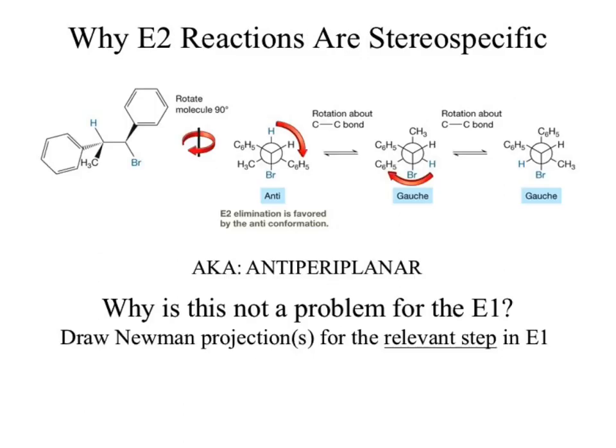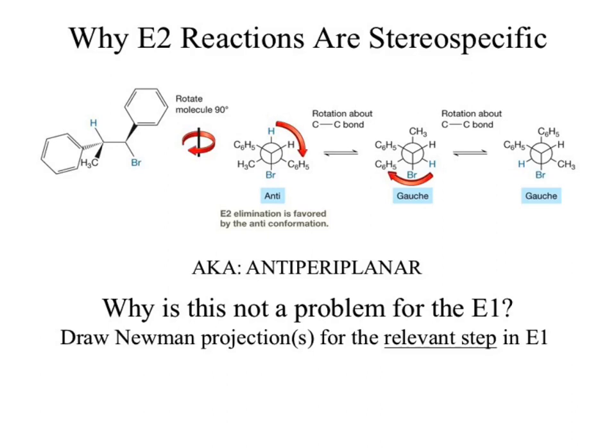Okay? So the E2 does have this really big issue with our stereochemistry. We can push this all the way out into Newman projections to see those alignments. We have to have that perfect alignment for them to eliminate. Okay? If we took a look at that starting material, it was drawn in the anti. If I go through and start to do rotations, you'll notice that I'd end up with other Newman projections where they're gauche to each other.